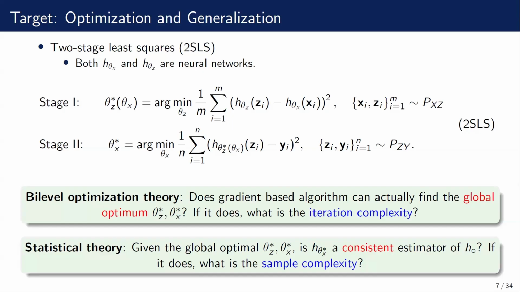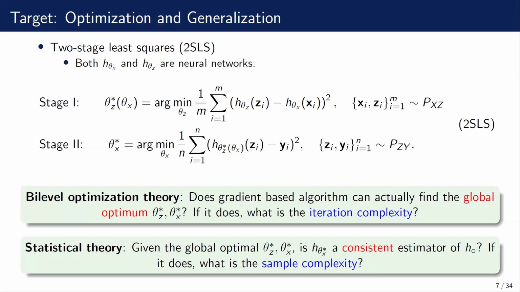Does there exist an algorithm that can find these zeta Z star and zeta X star? We know neural networks are a non-convex optimization problem. So our first target in this talk is, does there exist an algorithm, like maybe a gradient-based algorithm, that can find these global optima zeta X star and zeta Z star? And if it can, then what is the iteration complexity? So how many gradient steps do you need to take to find these global optima? That's the first question we'll talk about in this talk.